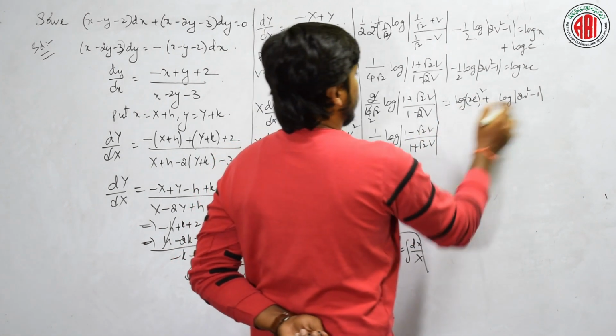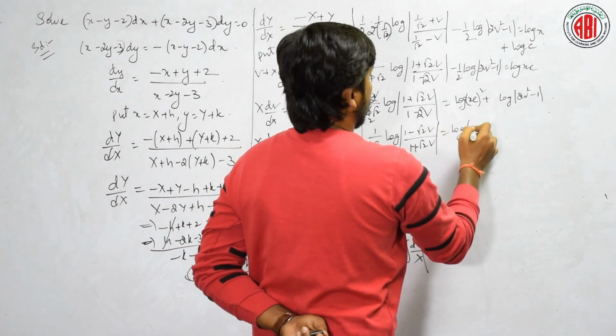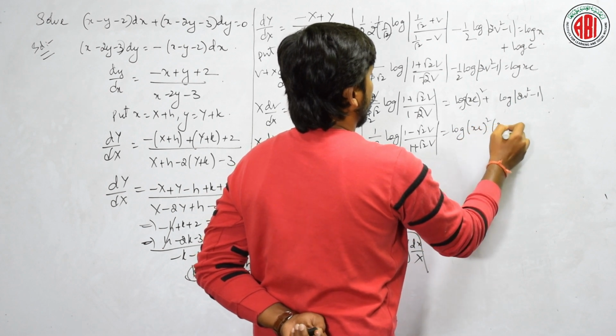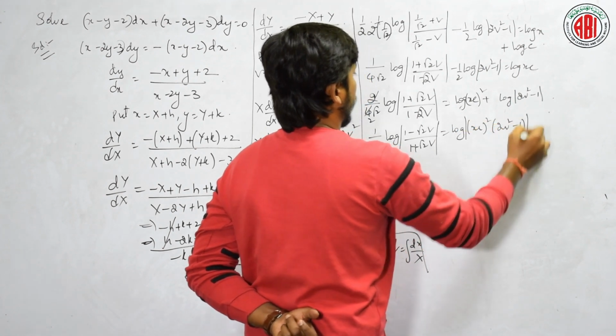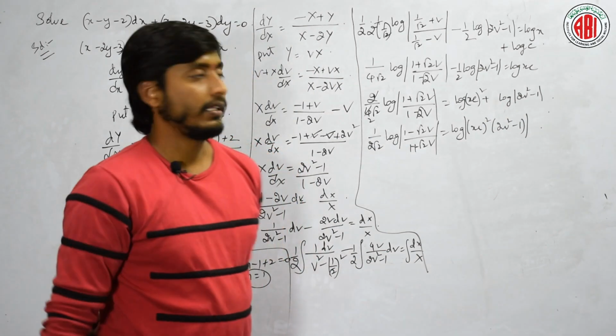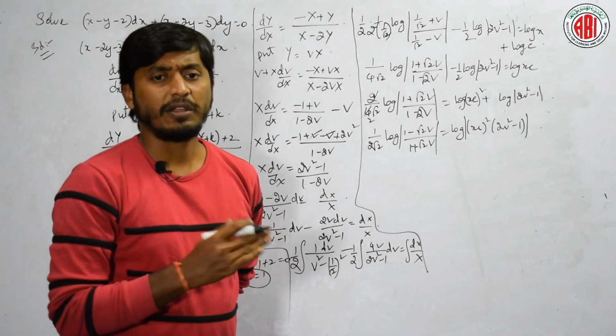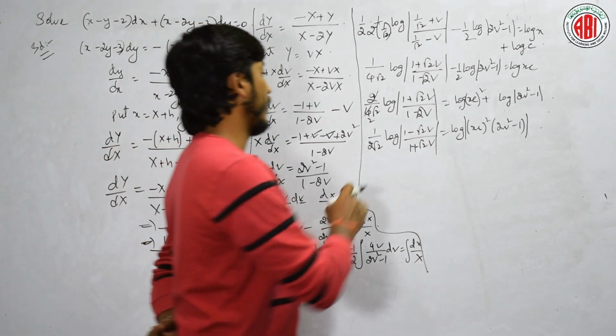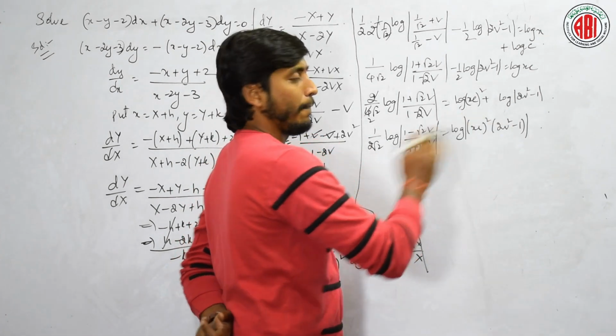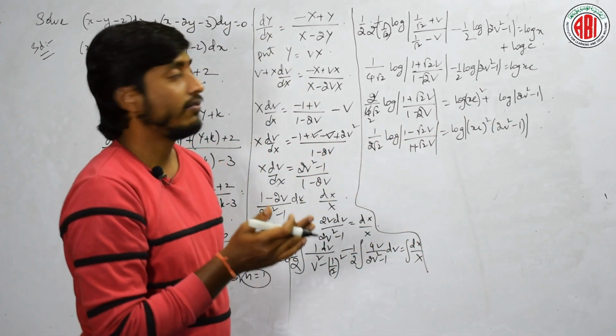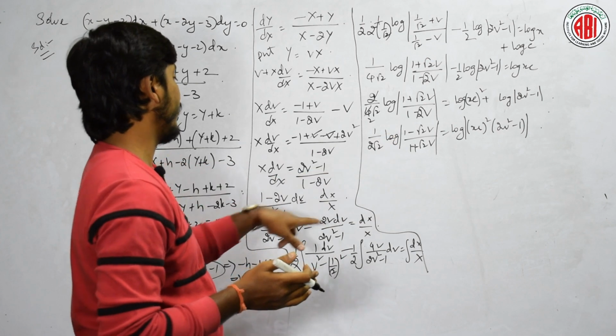Okay. So this will be log xc whole square into 2v square minus 1, right. Multiply this side or else simplify in such a way that you will get this 1 by root 2 that side. You can simplify. Now let us directly substitute what is v here.